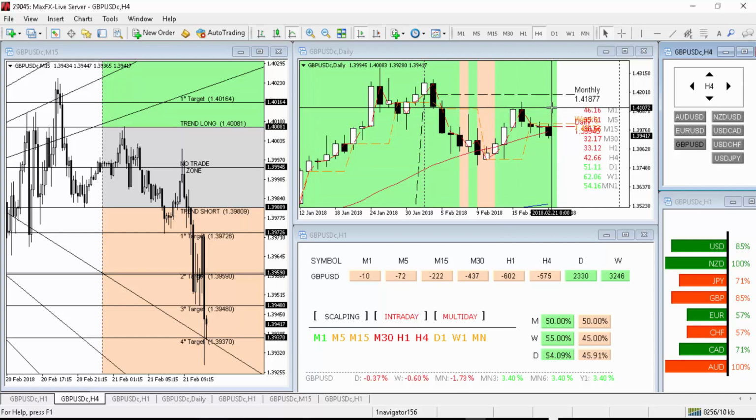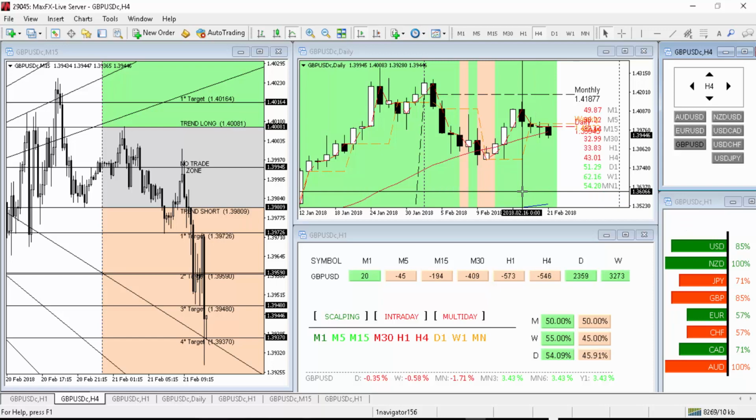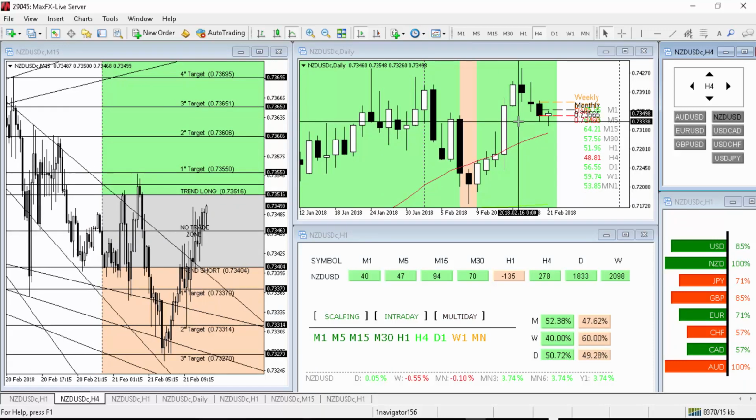The RSI is below 50 from M1 to H4. We have an 85% short British pound against an 85% long US dollar, so we may have a continuation to the downside.